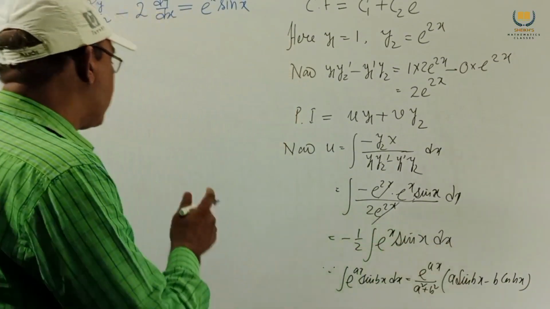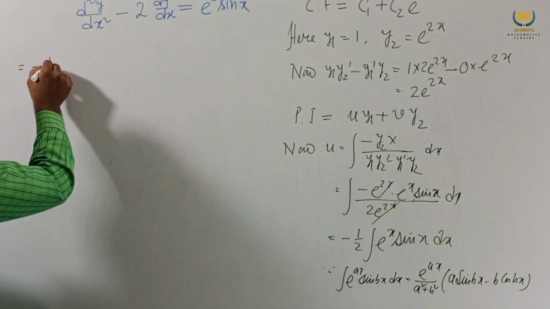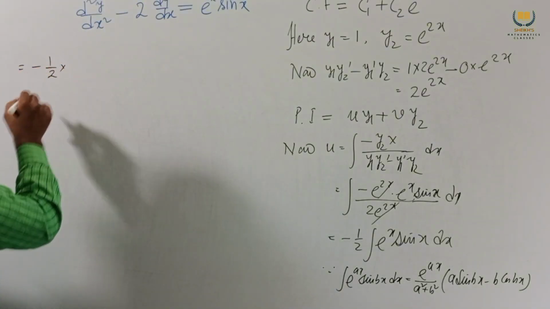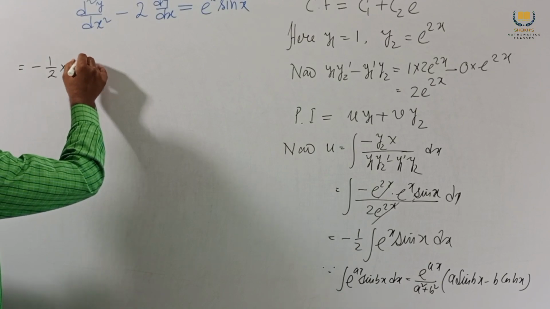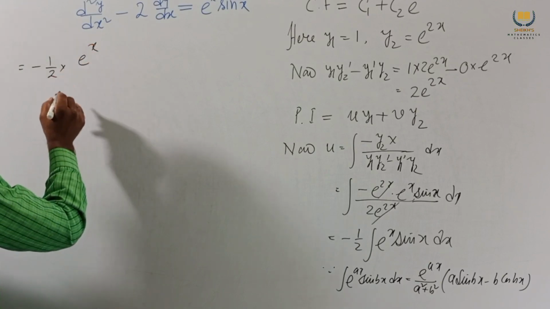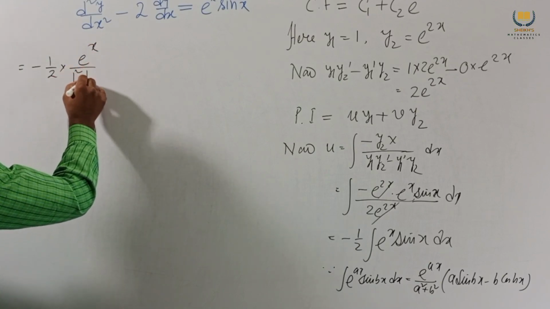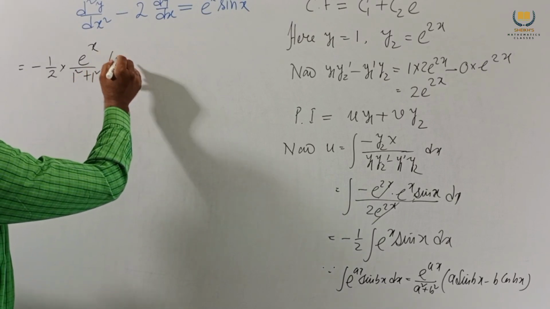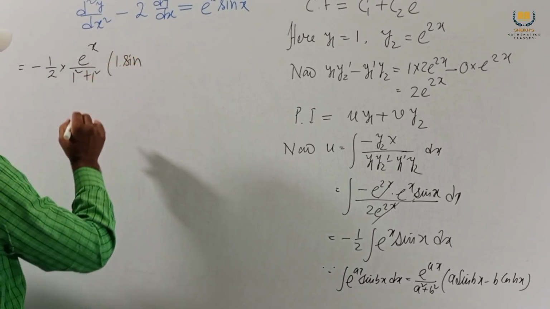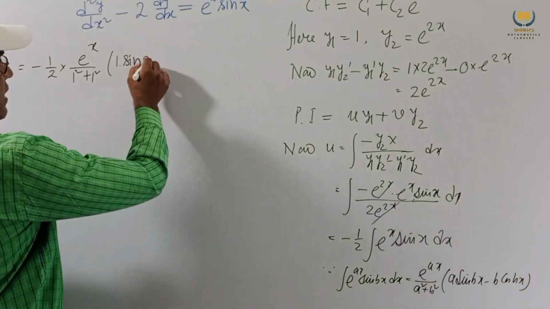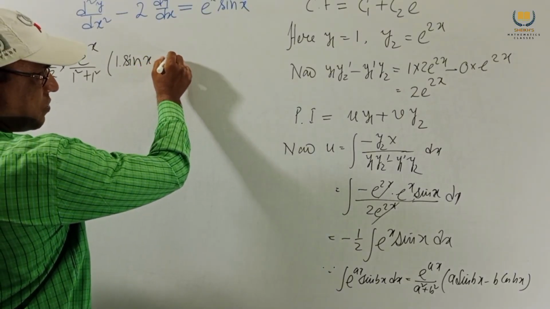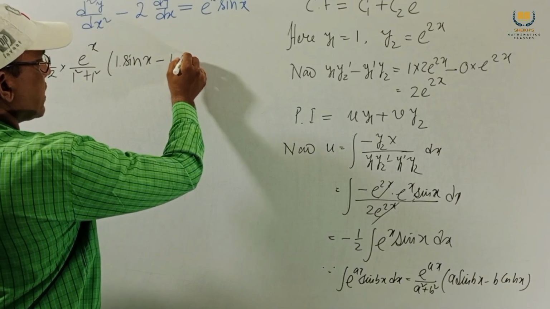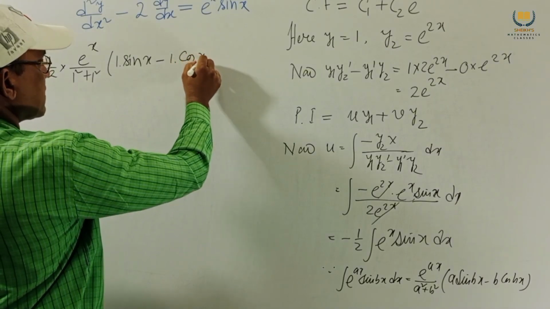Using this formula we can write directly minus 1 by 2, this equal to e to the power ax, ax means only e to the power x, by 1 square plus 1 square, into a sin bx, a means 1, bx means x, minus 1 cos bx, bx means x.